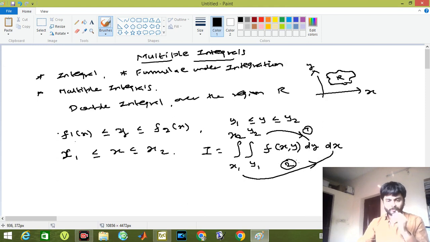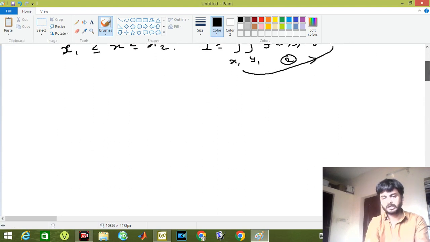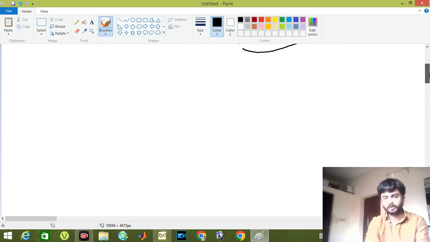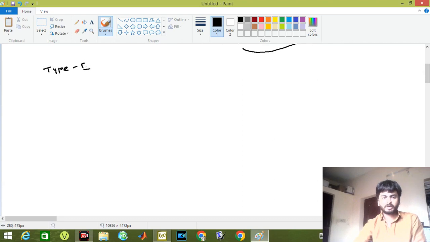By this idea we have three types of double integration. Let me tell you the examples clearly. In type 1, we have I equal to the integral, and this is called the first integral, of f of x comma y.